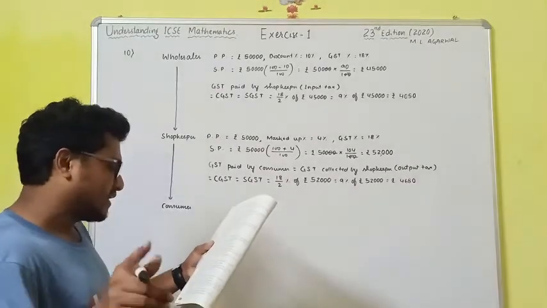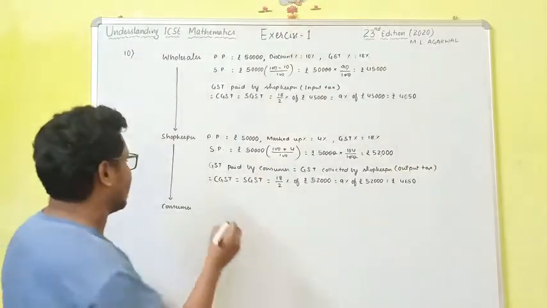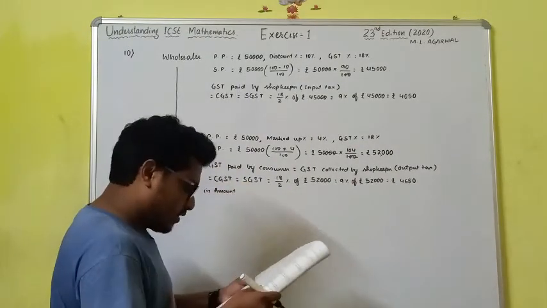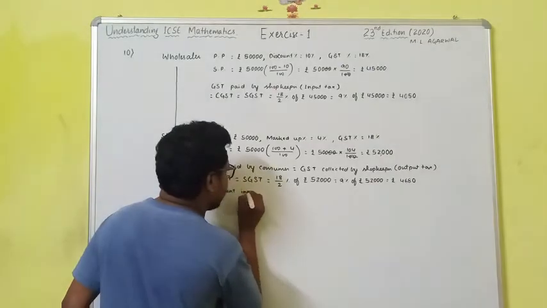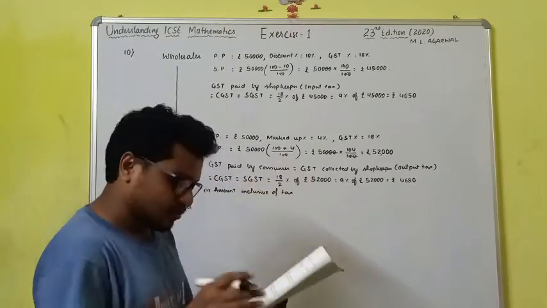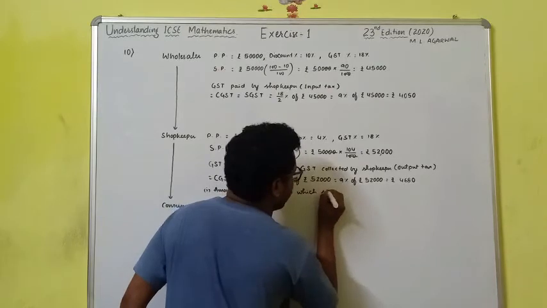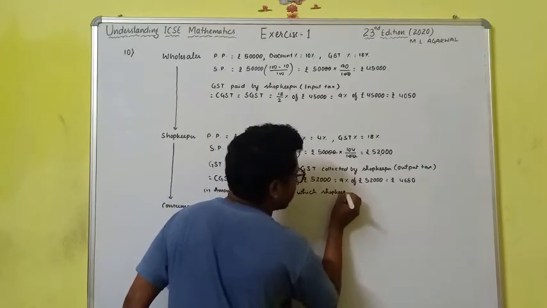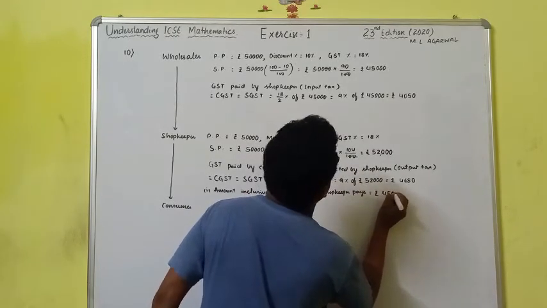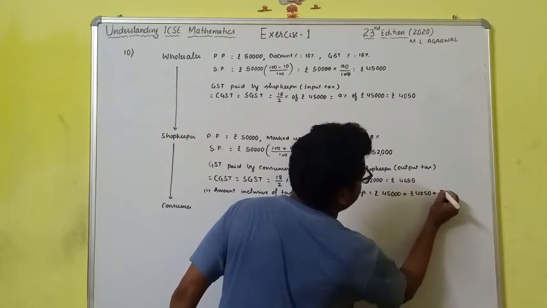Now see, bit number 1, the amount inclusive of tax which the shopkeeper pays for the article is equal to rupees 45,000 plus 4050 plus 4050.